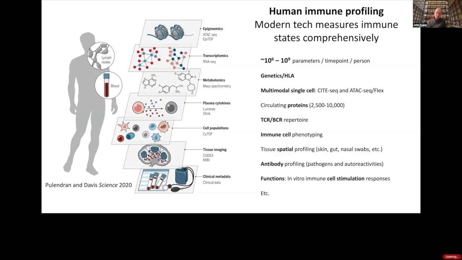We typically get about a billion numbers per sample per time point per person. These involve both fixed states like genetics, but also things that could evolve and shift, for example, cell states and TCR repertoire. You can also take the cells out and generate quite a bit of data from them, right? So in a single person, you now get a huge vector of numbers. The question is, what do they mean? It's of course the key question.